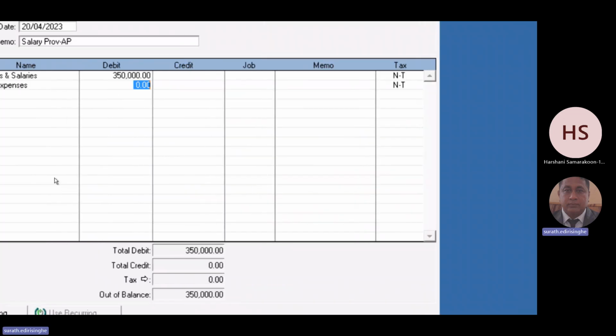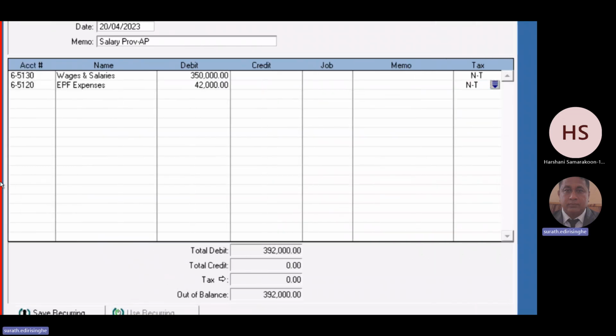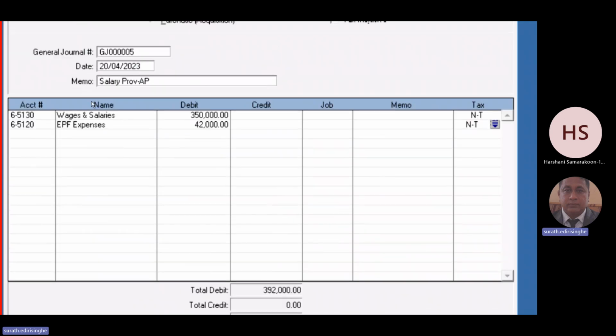Okay, anyway, tell me the amount. 350,000 into 12%. 35,000. 42,000. Is it correct? Right. ETF account is there? No. Then you have to debit this account, ETF also. Then click on here.